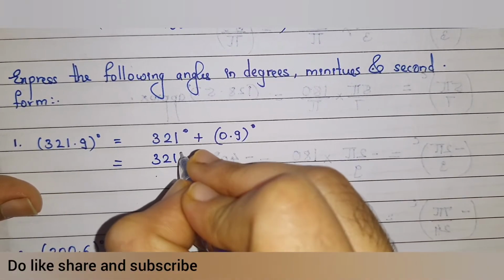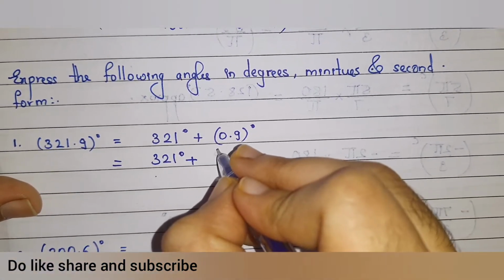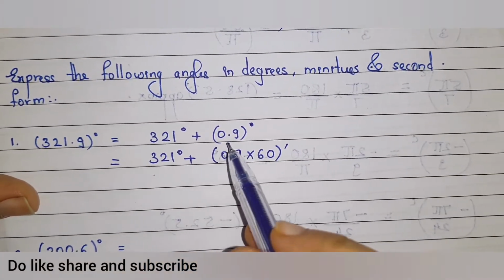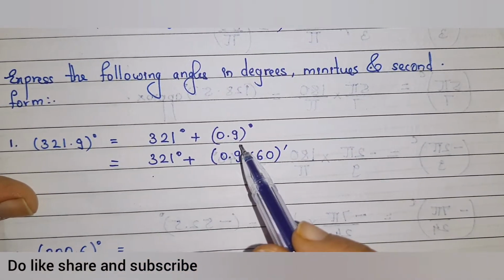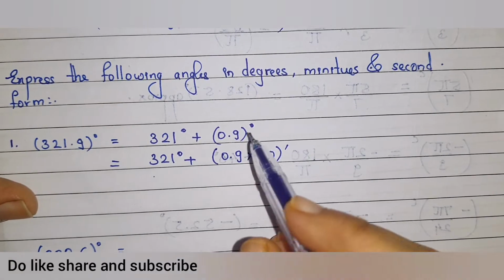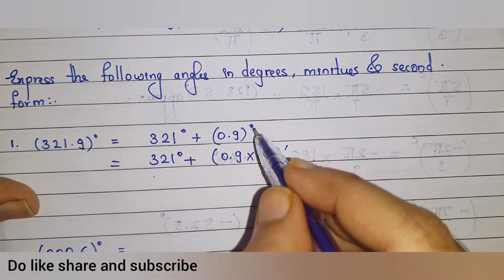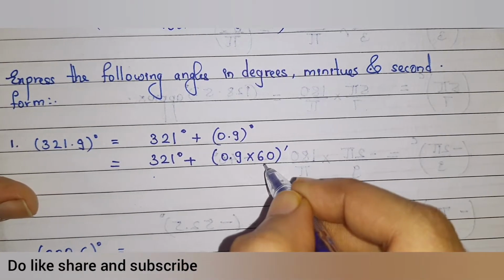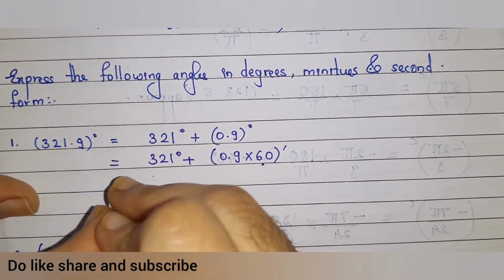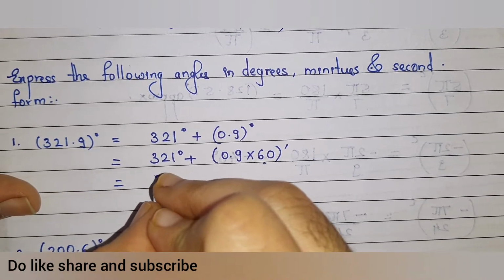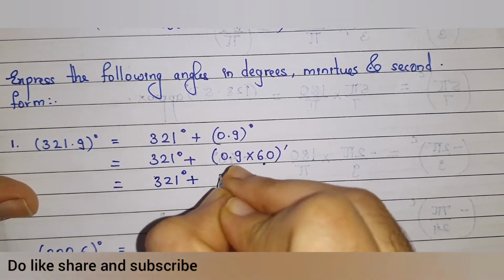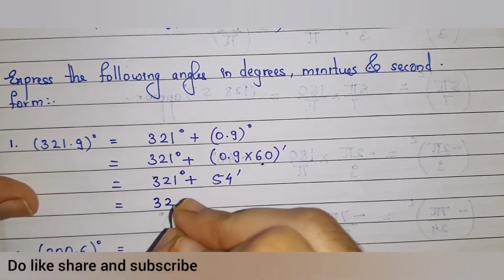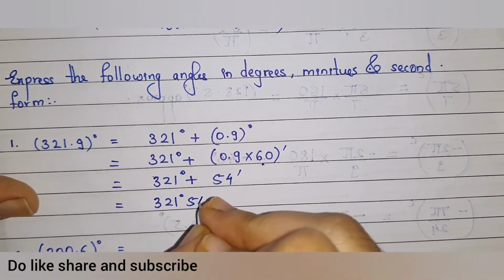So 321 degrees plus 0.9 into 60, as we are converting from degrees to minutes, we change the sign from degree to minutes and multiply by 60. So we get our final answer, 321 degrees plus 54 minutes, which can be written as 321 degrees 54 minutes.